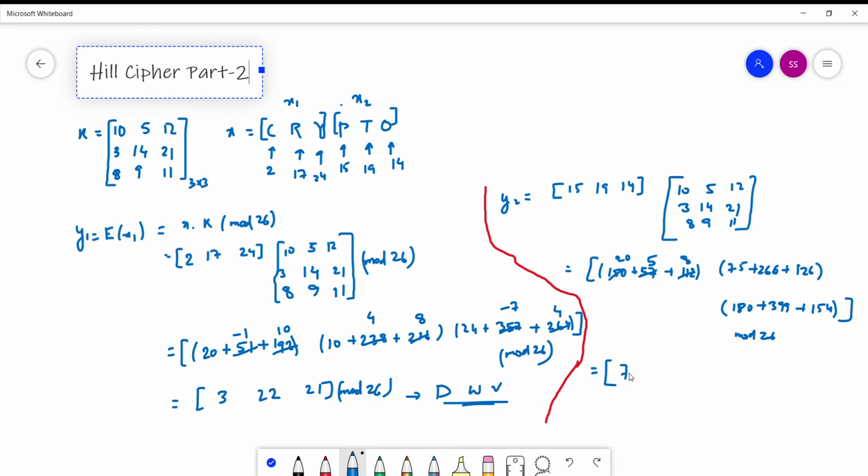This will become 7. Again, 75 is minus 3, 266 is just 6, 126 is minus 4. So 6 minus 7 is minus 1, that is 25. 180 is minus 2, 399 is 13 and 154 is minus 2.